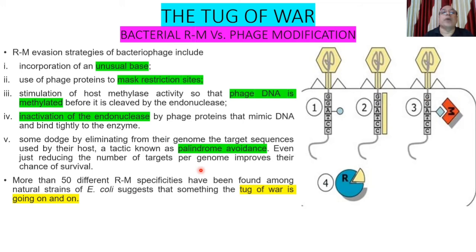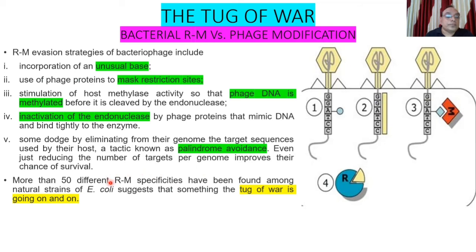They restrict the number of palindromic sequences on their genome, or they tend to evolve in a way to do away with the palindromic sequence. And if they do away with the palindromic sequence, the restriction enzyme of the bacterium will not have the target on the bacteriophage DNA, and they will not attack the bacteriophage DNA, and the bacteriophage DNA will be able to multiply inside the bacterium and do the rest.